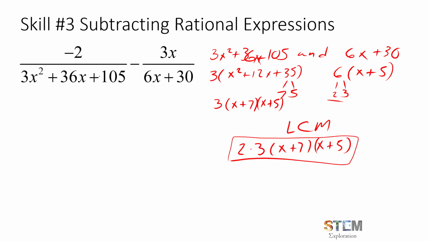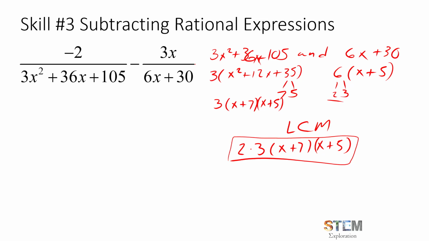And so now what I'm going to do is multiply 6x plus 30 by x plus 7 so that I can obtain this least common multiple, because the 6 is already there and the x plus 5 is already there.